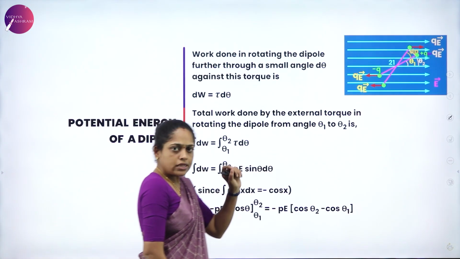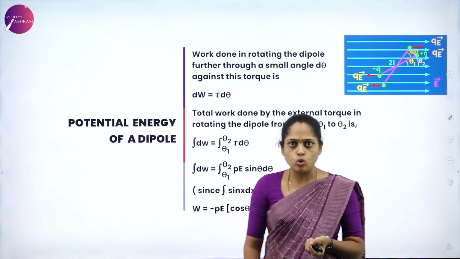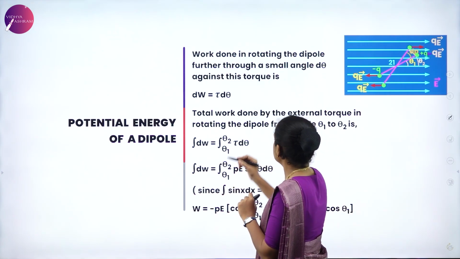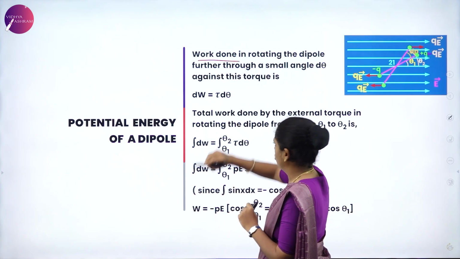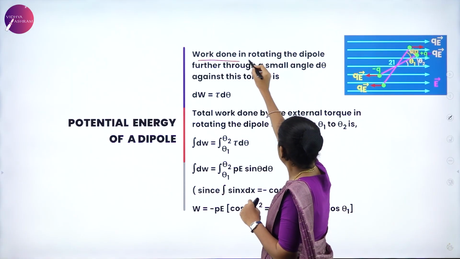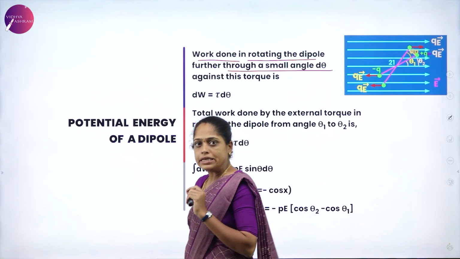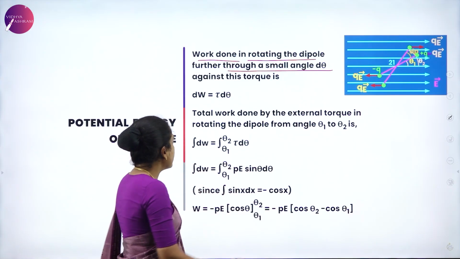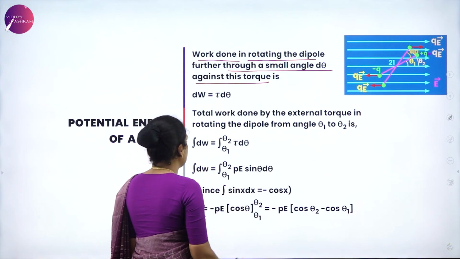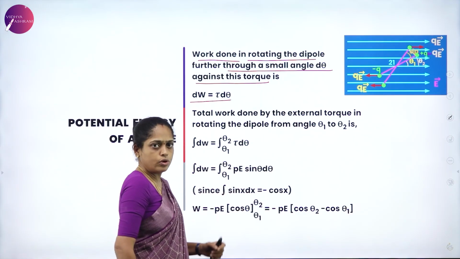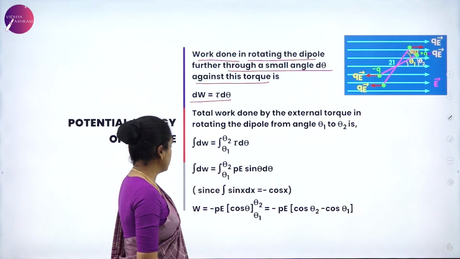Now, against this torque, we have to do work in rotating this dipole. So, work done in rotating the dipole through a small angle d theta against this torque is given by dW is equal to tau d theta.